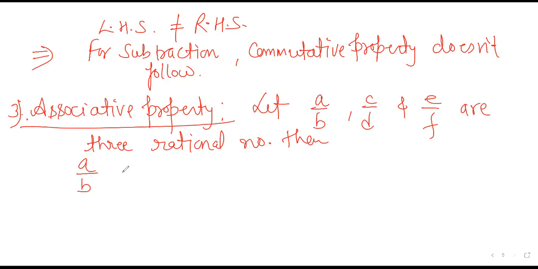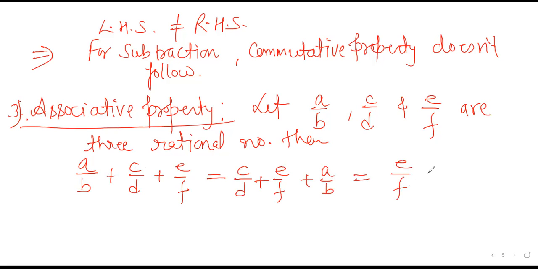Firstly, we have taken a upon b, c upon d, e upon f. So firstly we will do it for addition, then multiplication. So a upon b plus c upon d plus e upon f is equal to, now the first you have to leave, and you will write this one to the most right. So you will start from c upon d plus e upon f plus a upon b, and in the third term we will write e upon f plus a upon b plus c upon d.